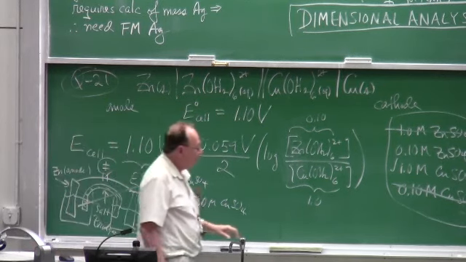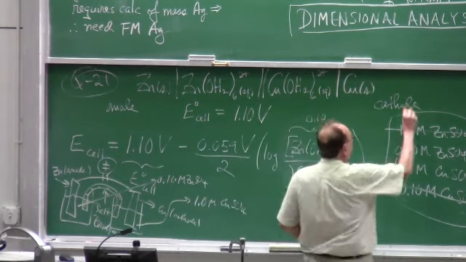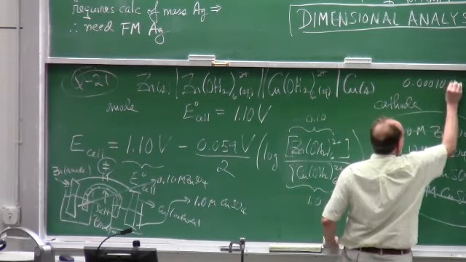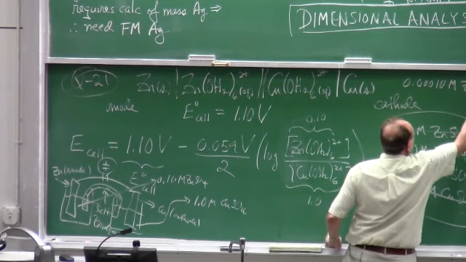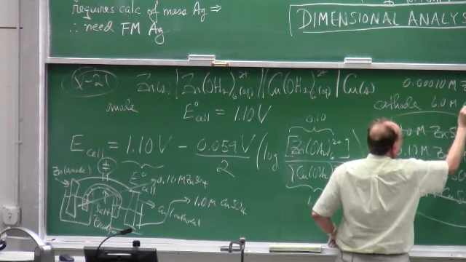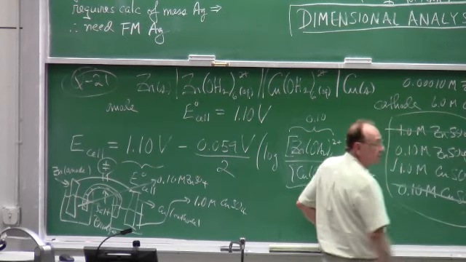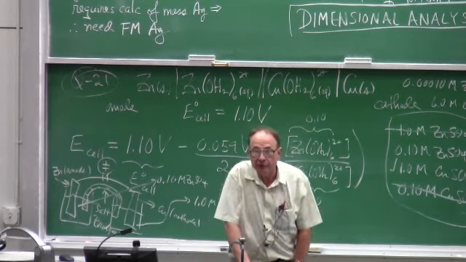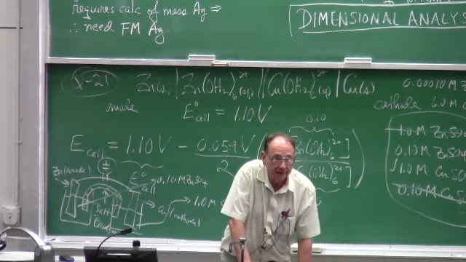Notice that if I gave you 0.00010 molar zinc sulfate solution and 6.0 molar copper sulfate solution, I'd write down 100 molar, but I'm sure you can't make it that concentrated.